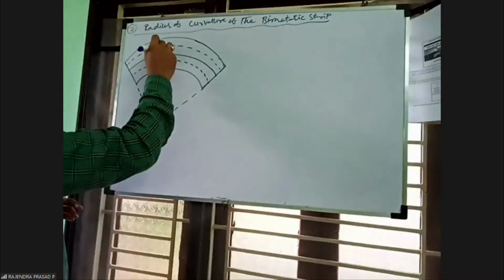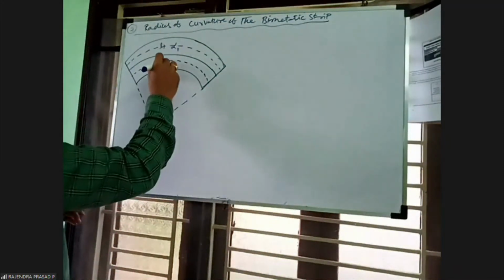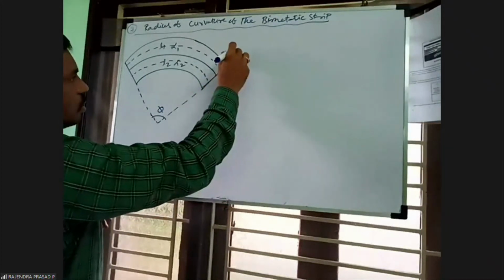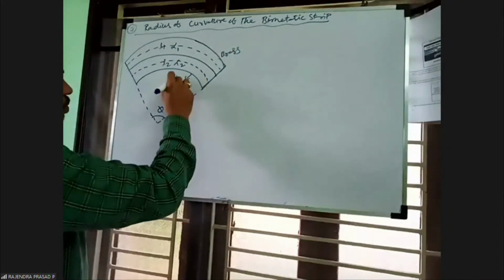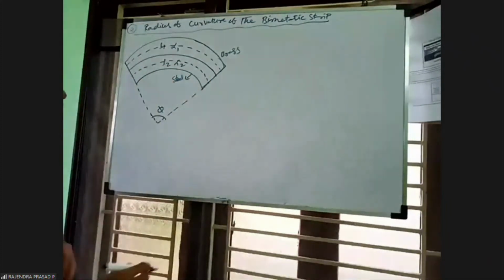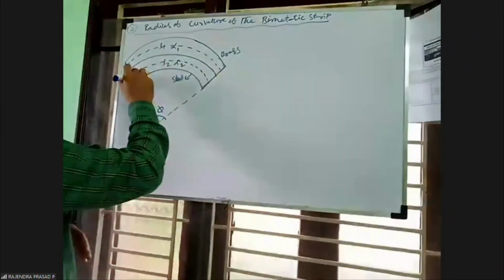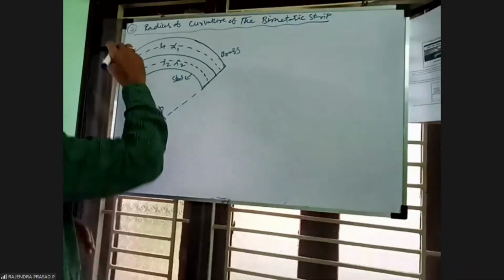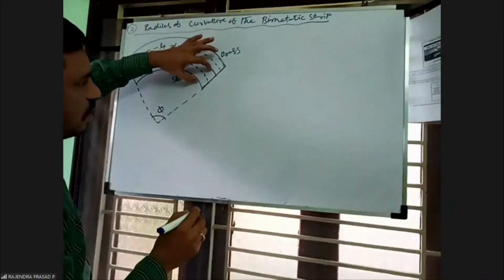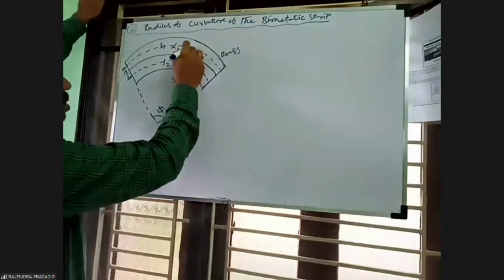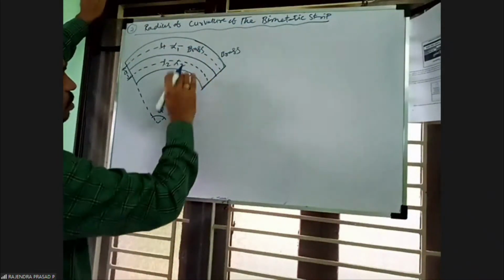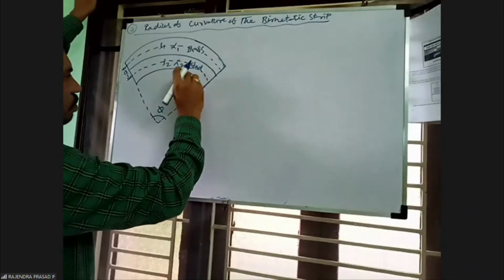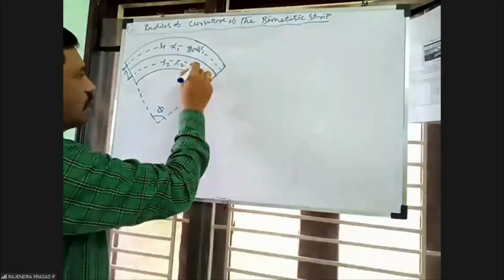This is the brass with L1 and alpha 1. This is L2 and alpha 2. This is the steel. For example, this is D, the center to center distance. This is the brass rod, this is the steel.